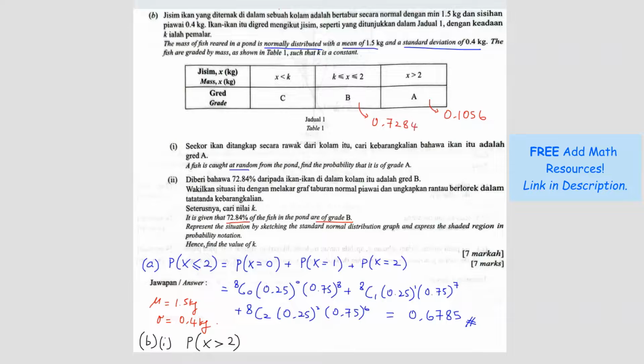So instead of doing this, we can straight away do this. We take 0.7284 minus 0.1056. So you get 0.166. So 0.166 is the probability for this. It's so much easier to do this, so I'm going to do that.